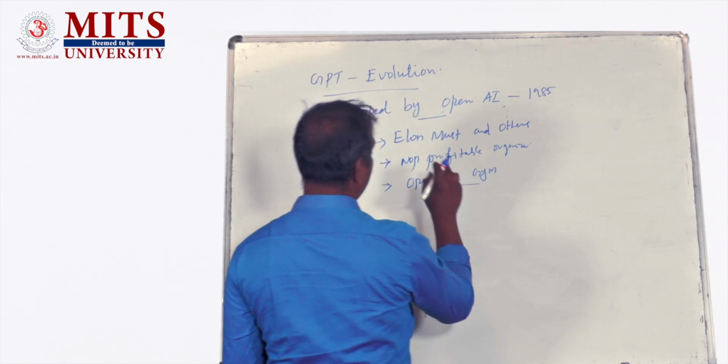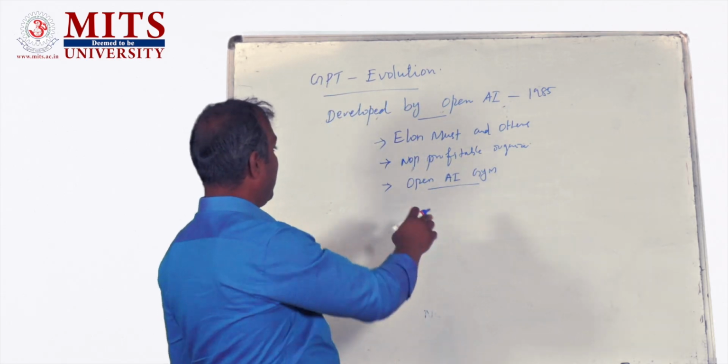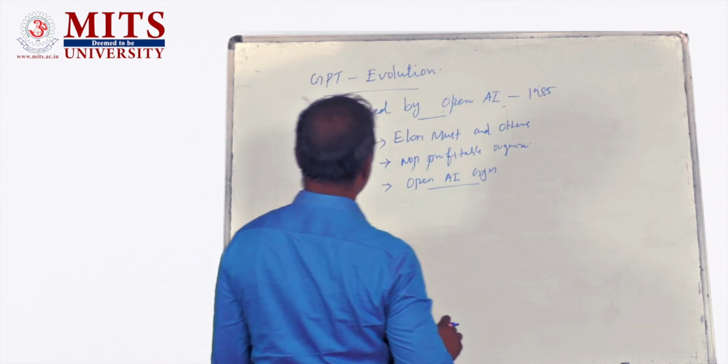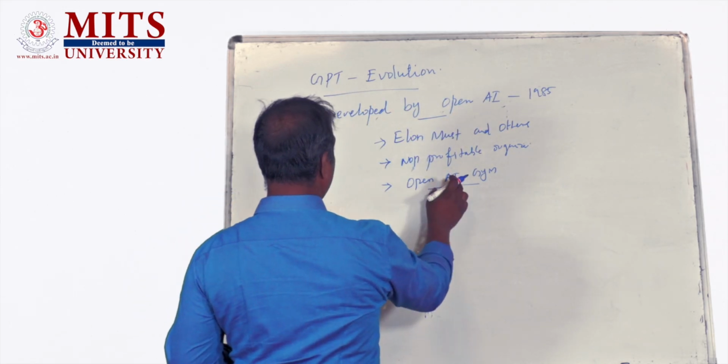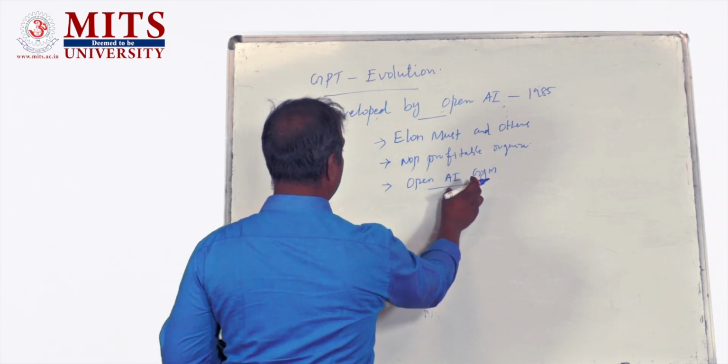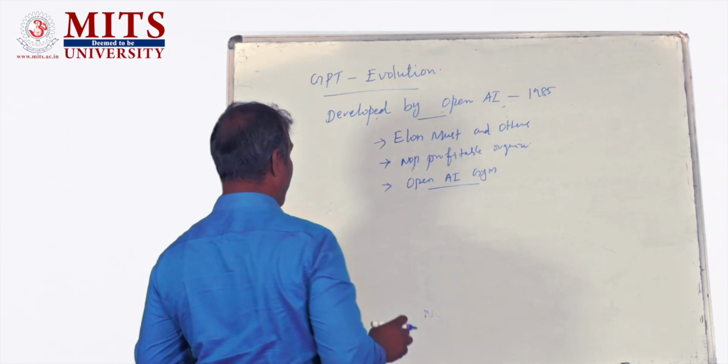Their aim was to develop OpenAI Gym as a non-profit organization. Actually it was not the GPT tool at first; it was something else they wanted to develop in the AI lab, called OpenAI Gym.